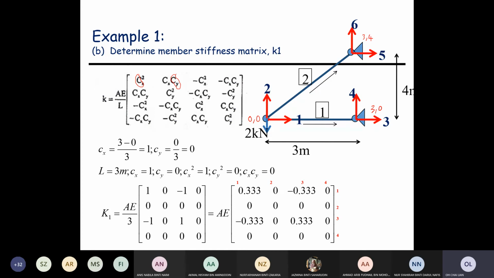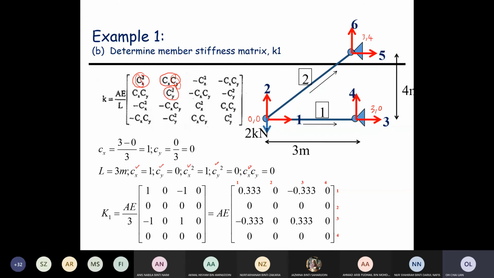But after you determine the Cx and Cy, you will see that you need Cx squared, Cx Cy, and Cy squared. Meaning that you need to determine Cx, Cy, Cx squared, Cy squared, Cx Cy.